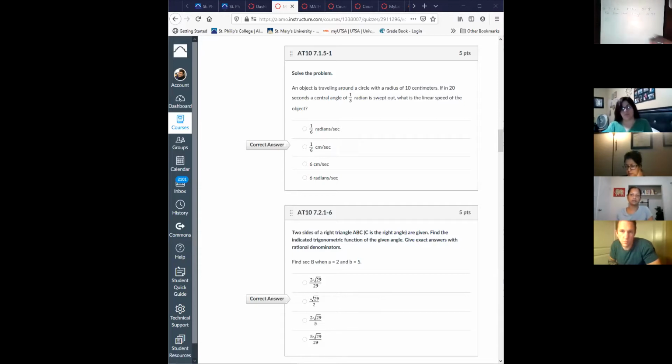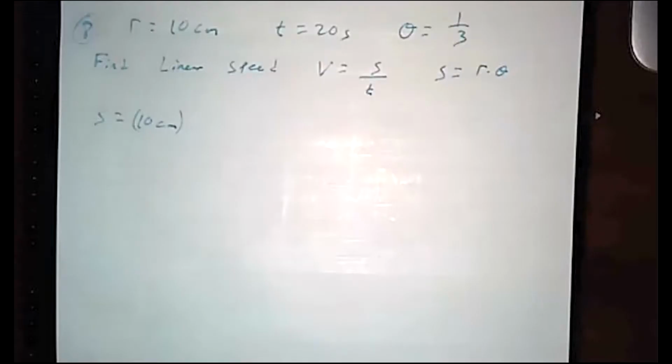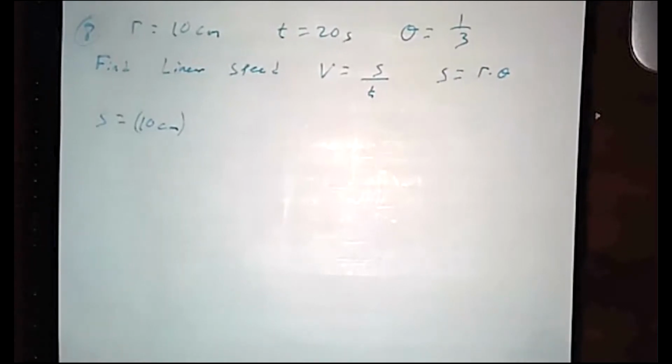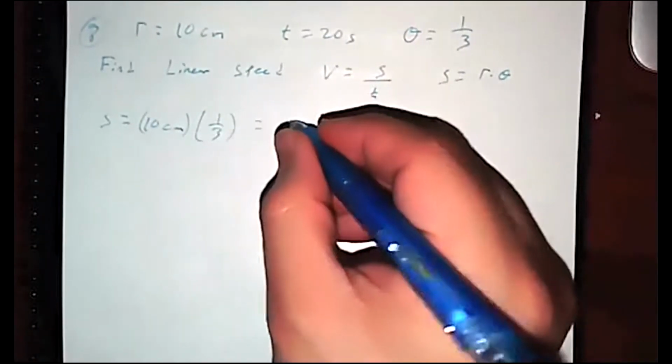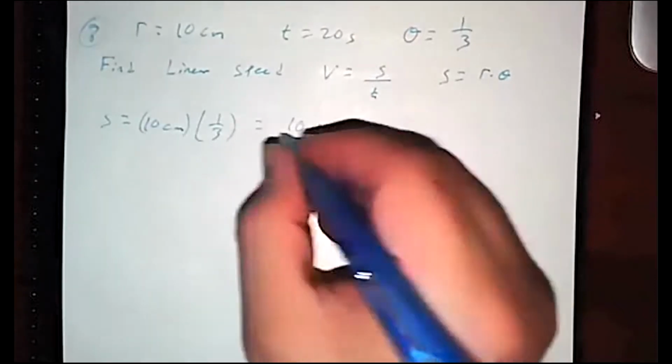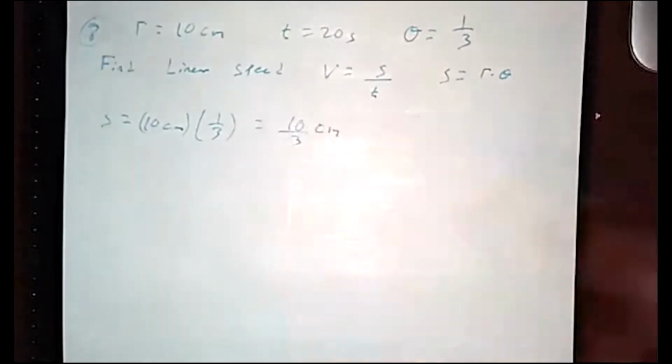So S will be 10 centimeters times. Jack, you may want to go to your paper. Oh, yeah, thanks. Let's stop sharing here. All right, so 10 centimeters times theta 1/3. That would give me 10 thirds centimeters.